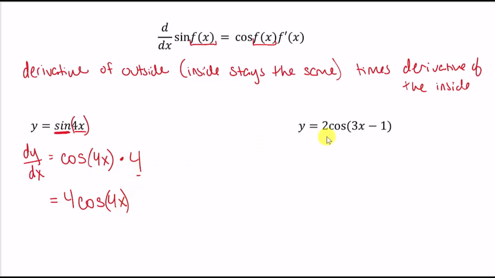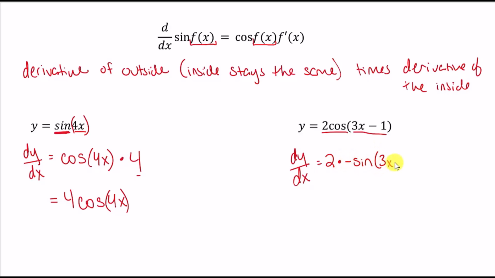So let's look at this one. This part is my outside function. This is really 2 times cosine, and then this is the inside. So the derivative is going to be 2 times the derivative of the outside. We're taking the derivative of cosine, which is negative sine.